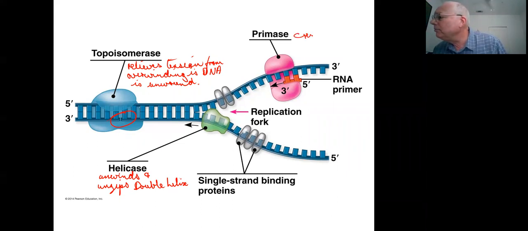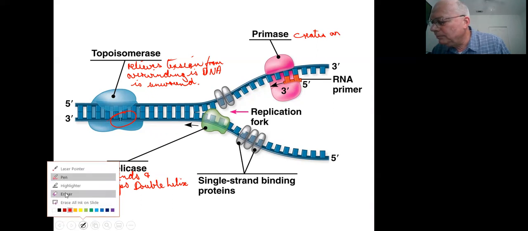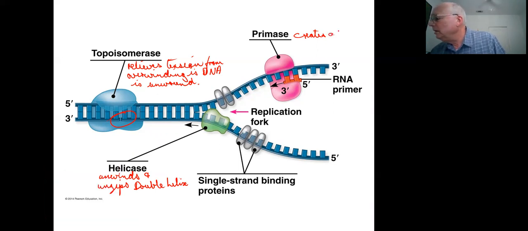Primase creates a short double-stranded sequence, which is the primer, using RNA nucleotides.